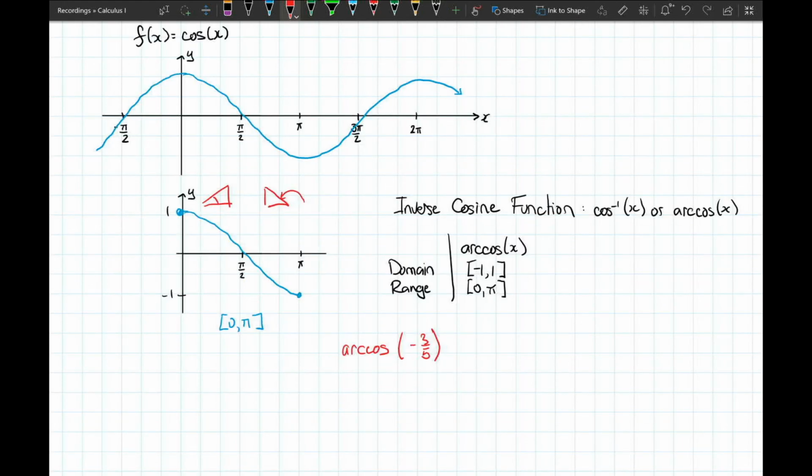Now, for instance, if we wanted to look at arc cosine of -3/5, that would be allowed because -3/5 is in the domain. It would be between -1 and 1. And we can plug that into a calculator and see what we end up with. And right away we see that we get a number between 0 and pi. We end up with 2.214, so on and so forth. Now we know that that is less than 3.14, so it's less than pi. And it's more than 1.57, which is half of pi.